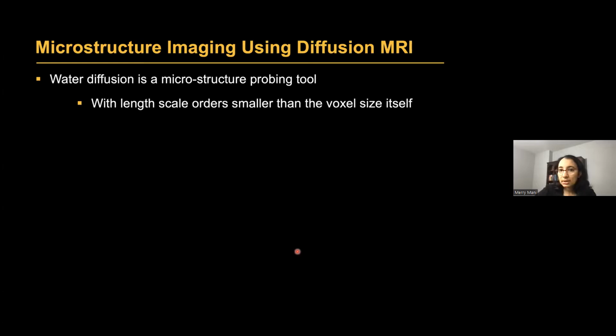So essentially we are getting some very informative micro level information from these measurements. So basically we have a microscope in our hand to study the tissue information using the diffusion MRI.